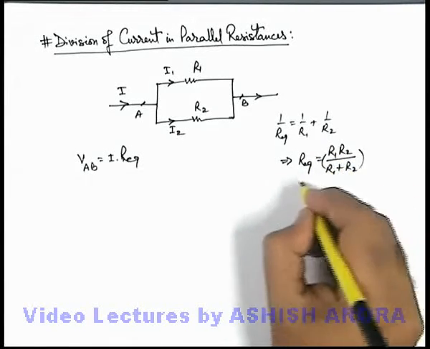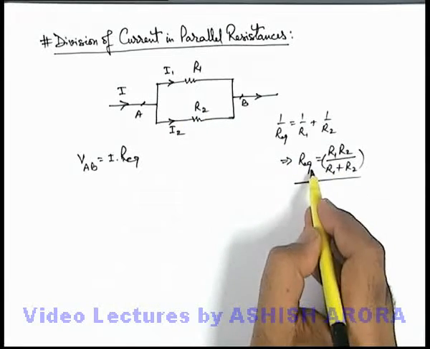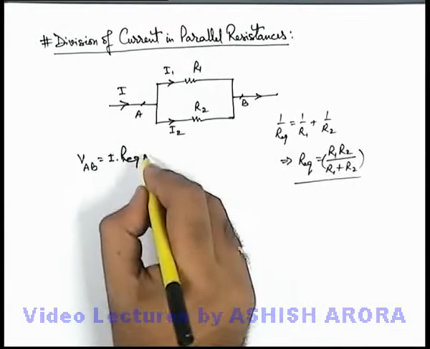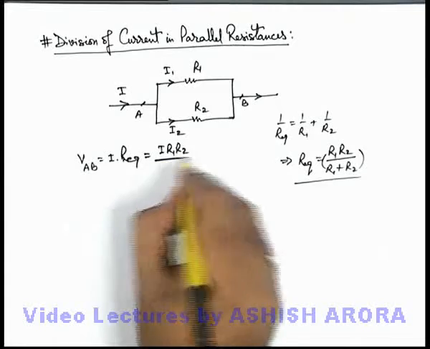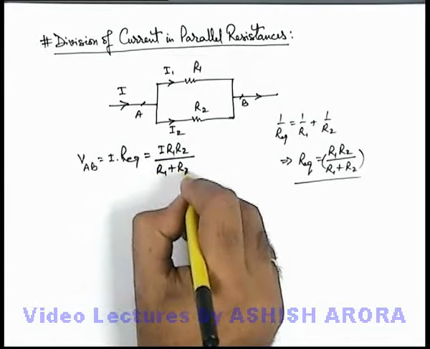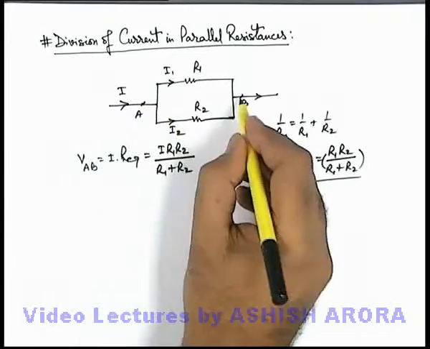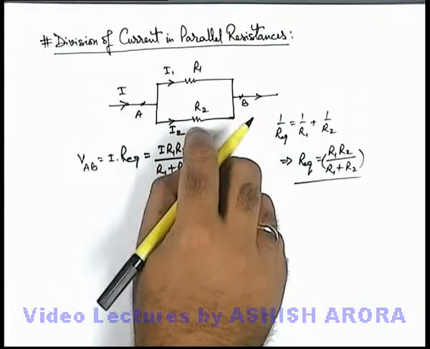Always remember that for a group of parallel combination of two resistances, we can use the equivalent resistance as R1 R2 by R1 plus R2. So here the potential difference will be I R1 R2 upon R1 plus R2 if you substitute the value of R equivalent. Now this is the potential difference across the combination, which will be the same across both of these resistances.